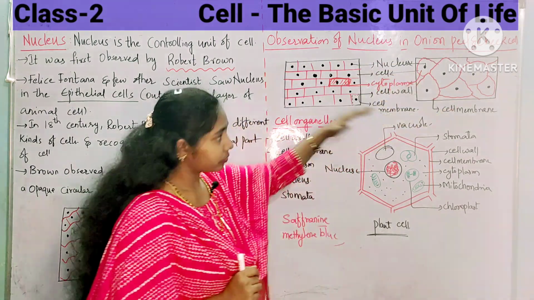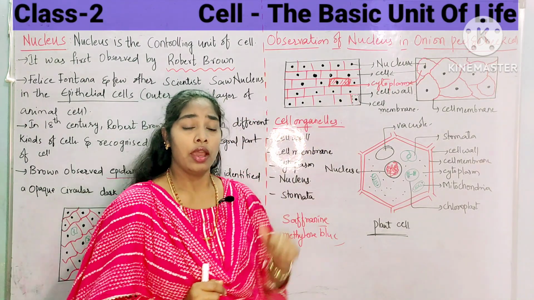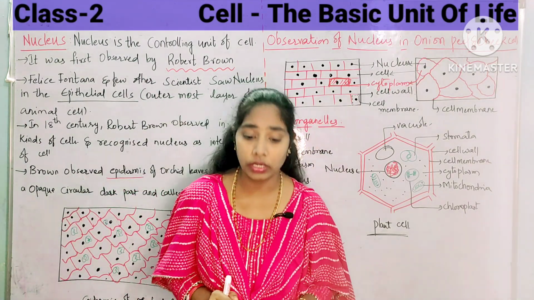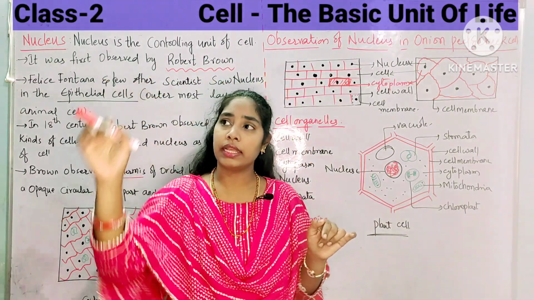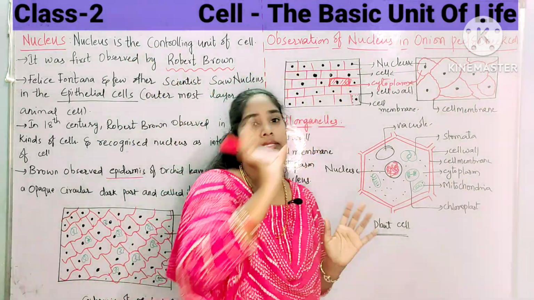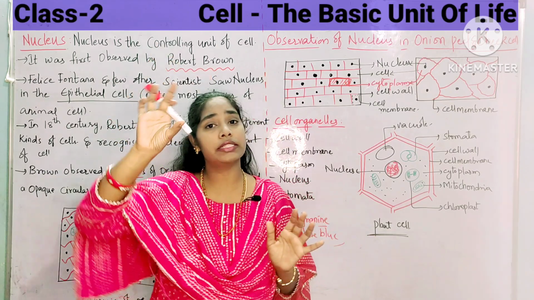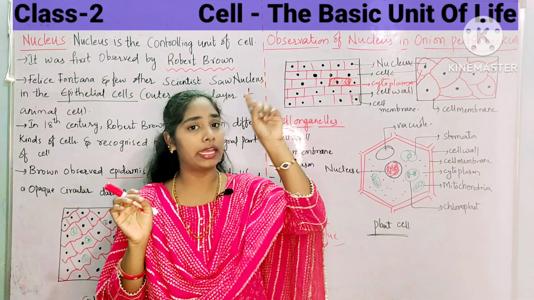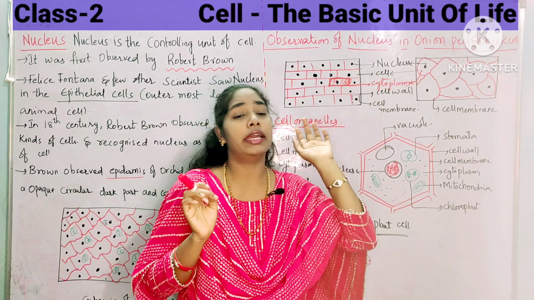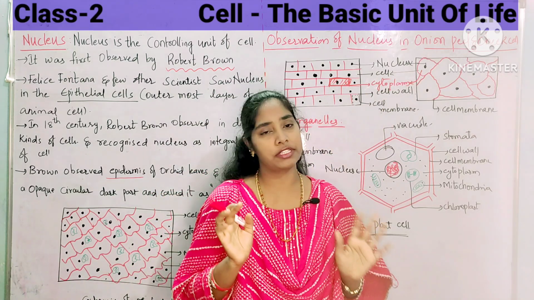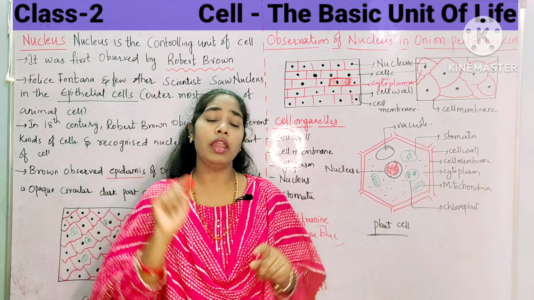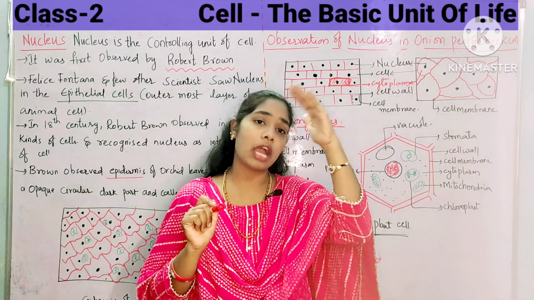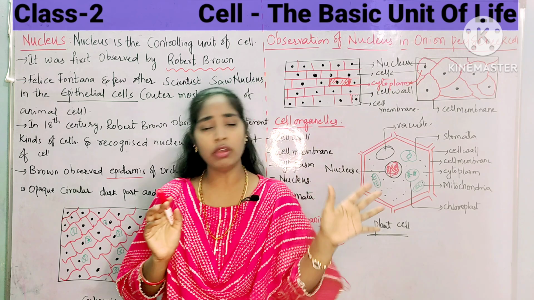Now there is a question: what are the similarities and dissimilarities between these two? Take a tabular form, serial number, plant cell and animal cell. In the plant cell the cells are rectangular in shape, in the animal cell the cells are irregular in shape. That is the first difference. Second, here the outermost layer is the cell wall, and here the outermost layer is the cell membrane but no cell wall.